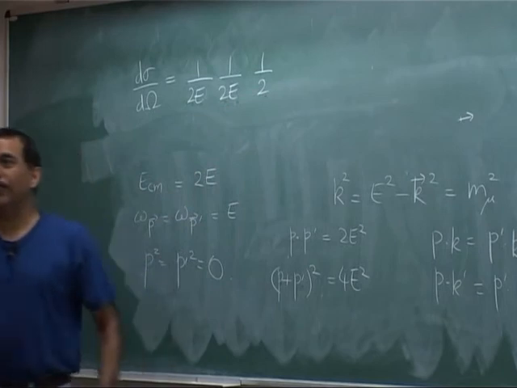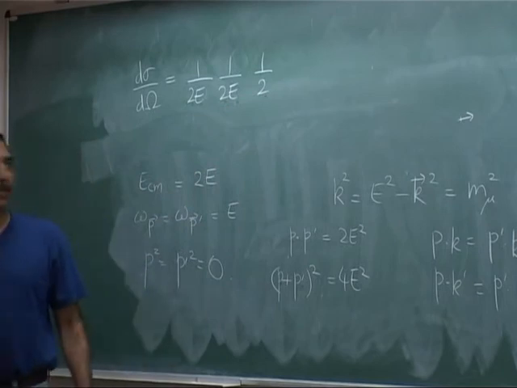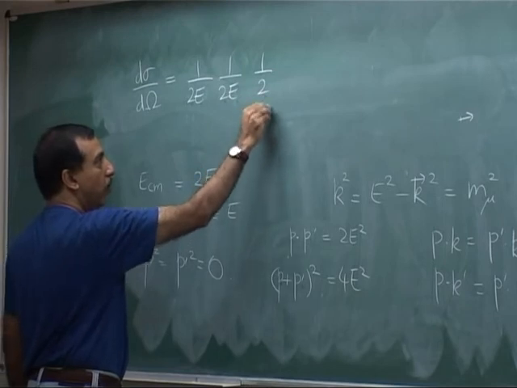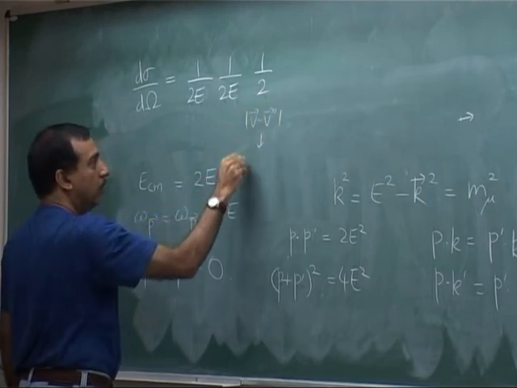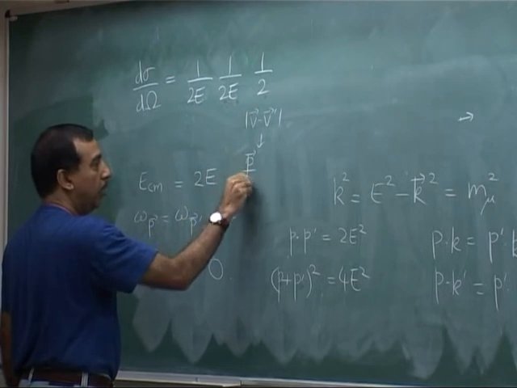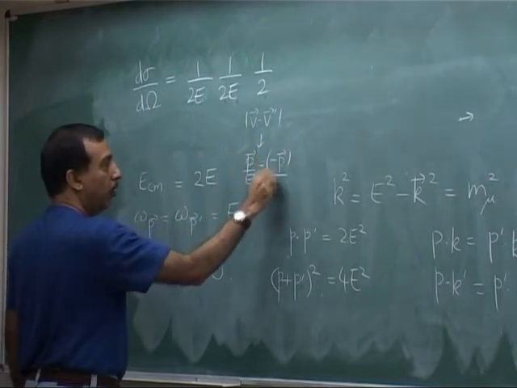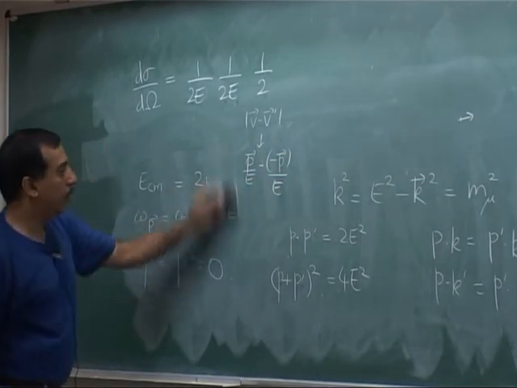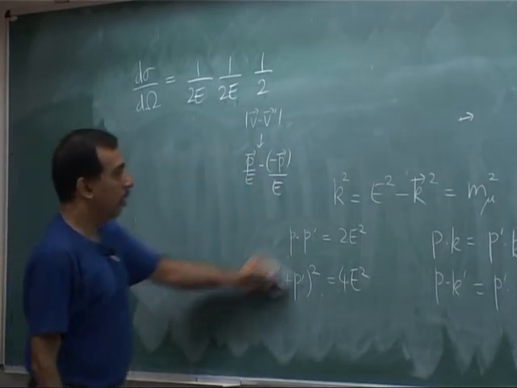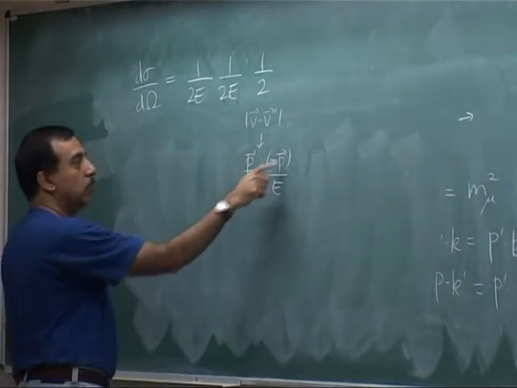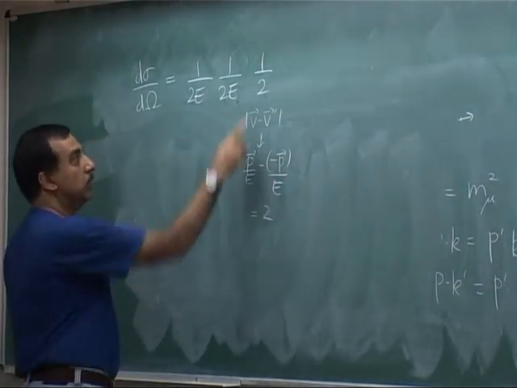This was 1 over the modulus of V minus V prime, where V's are given by P upon E minus P prime upon E, the three momenta divided by the energy. But since the electron is being taken to be relativistic here, this is 1 and this is also 1, so this factor is just 2.